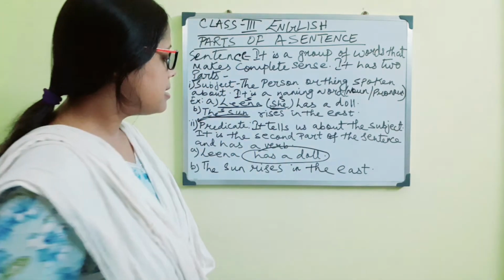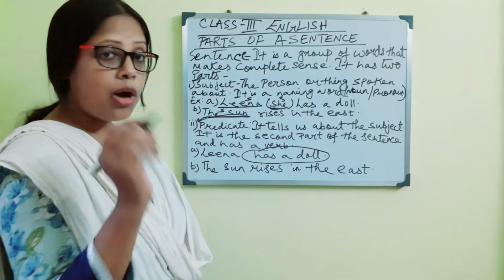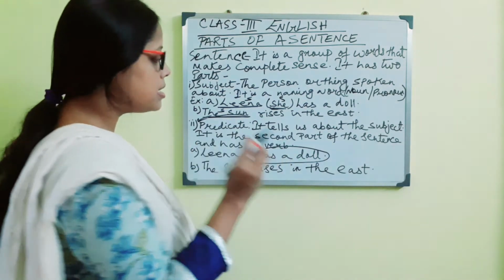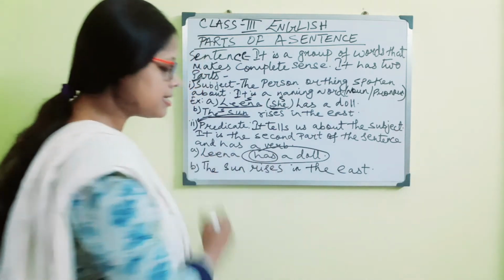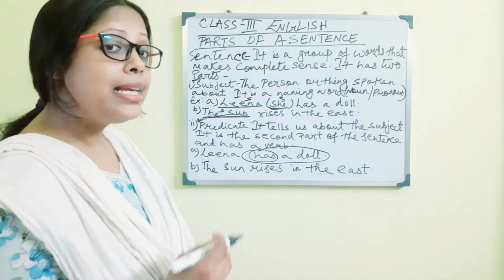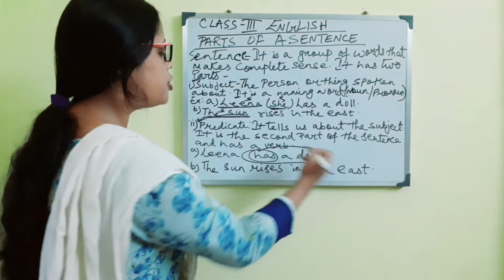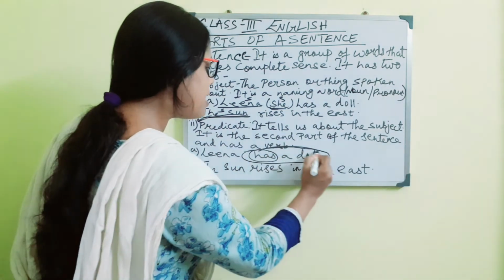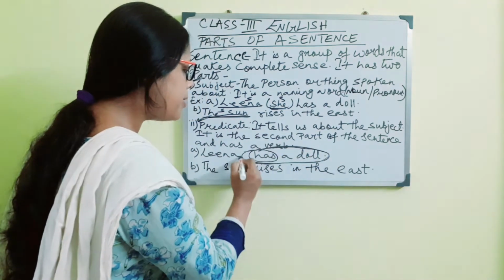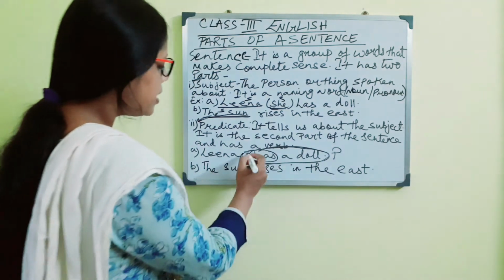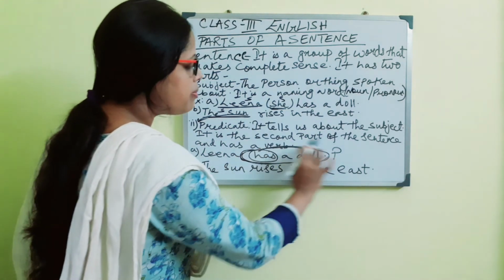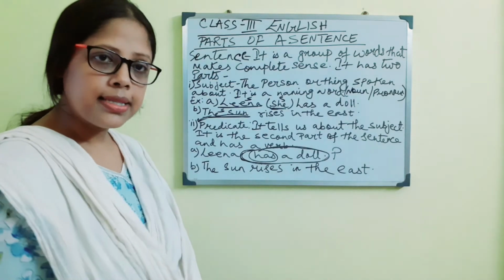Lena has a doll. Now, over here in this sentence, what is the verb? The word is has. So, this entire portion is the predicate, and you can see that this is the second part of the sentence.